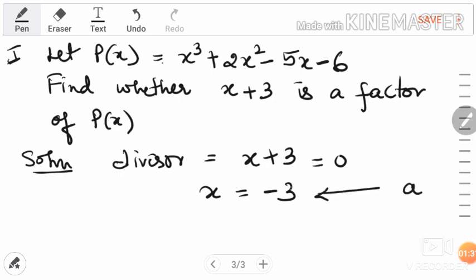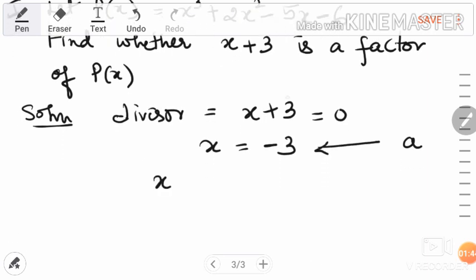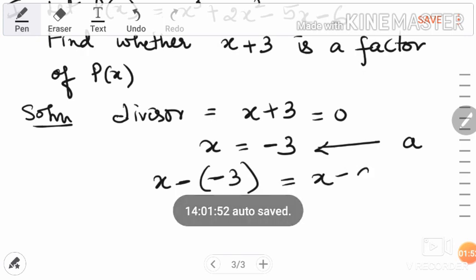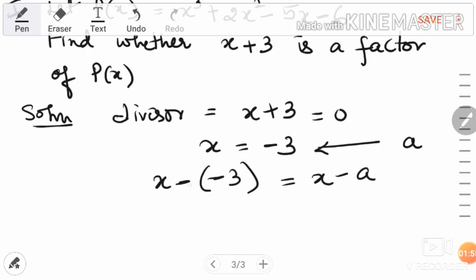So according to the theorem, a is minus 3. We can also show it like this. If I rewrite x plus 3 as x minus a, it will look like this: x minus minus 3. So this is x minus a, and you can compare the terms. So a is equal to minus 3. But the usual method is to equate the divisor to 0 and then solve and get x, which is a.